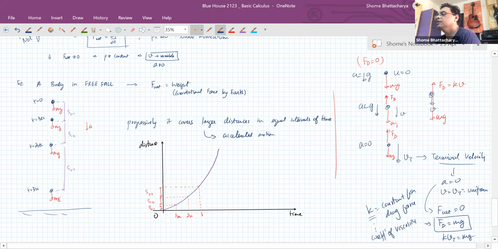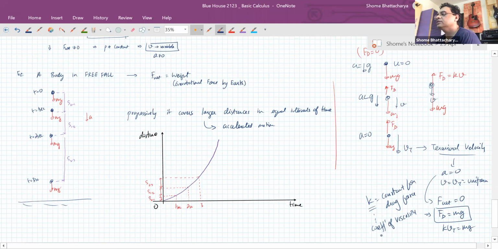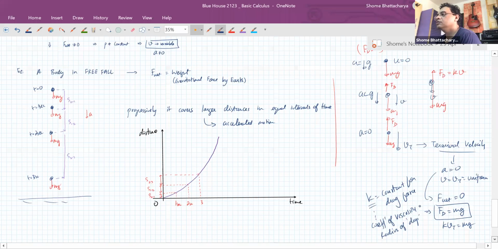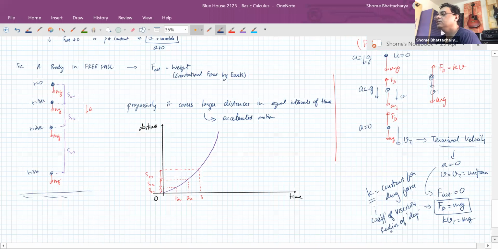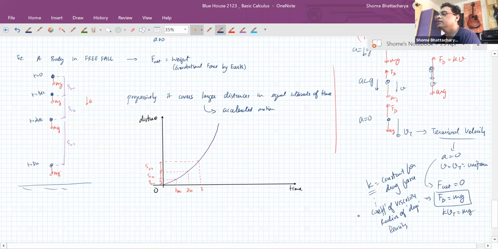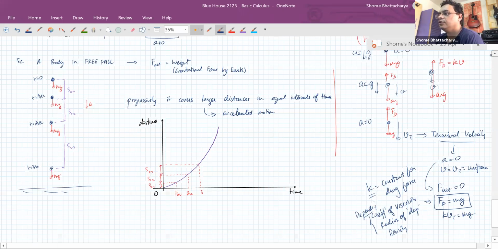It depends on the radius of the droplet. It depends on density, etc. So hope that answers your question partially at least, right? Yes, sir. Okay.